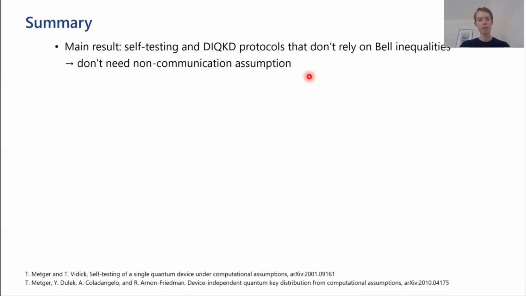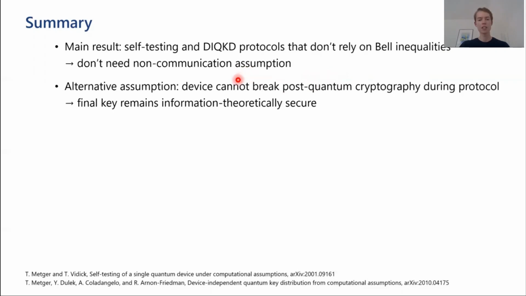And the alternative assumption instead of this non-communication assumption is that the device cannot break post-quantum cryptography during the protocol. But in particular, this still means that the final key remains information theoretically secure. So this is really an assumption that only applies to the device and only applies temporarily.